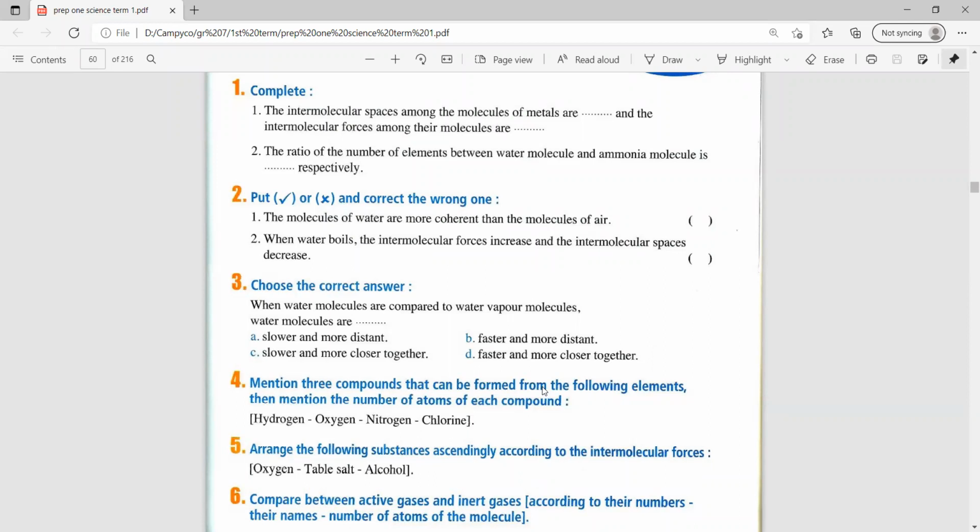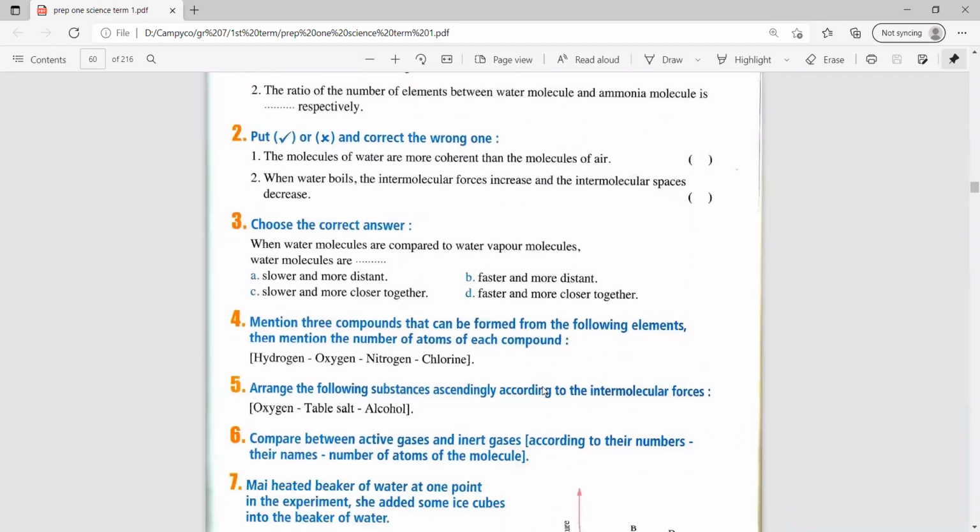Alright. True or false: the molecules of water are more coherent than the molecules of air. What do you think? Like near to each other. Right.